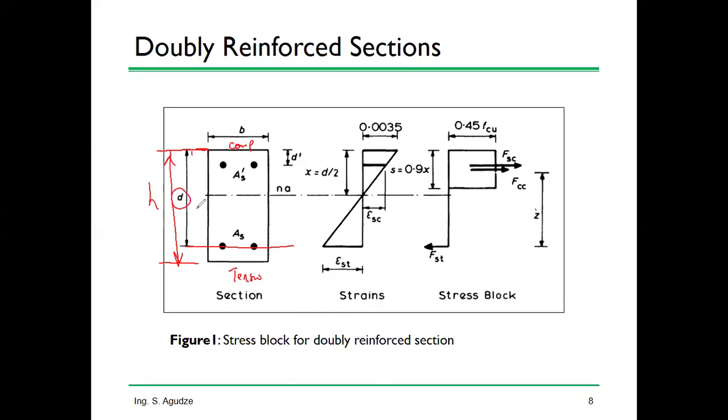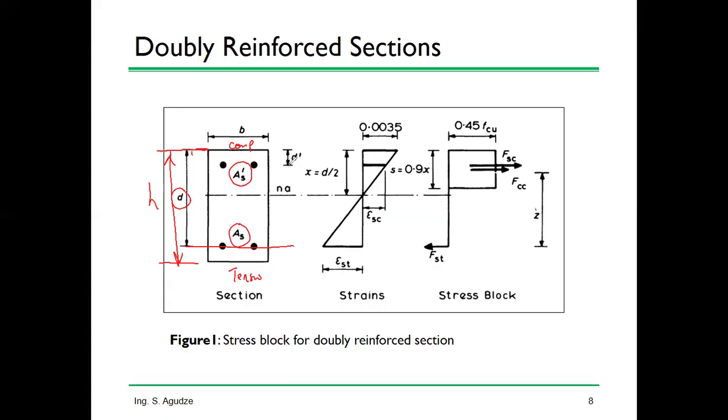So effective depth is the depth of the section from the compression face all the way to the centroid of the tension steel. Now the AS represents area of tension steel and the AS prime represents area of compression steel. These are nomenclatures we'll continue to use, so it's important to understand them.